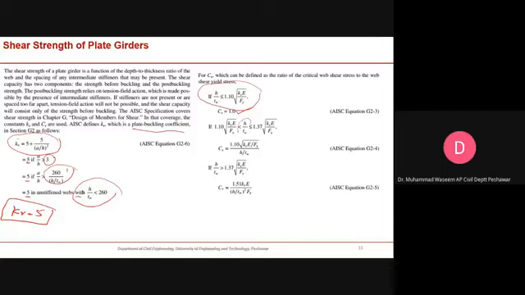If the aspect ratio is in between these two equations, then this will be the CV value. If the aspect ratio is greater than this one, then you have to use this equation to calculate the CV value. You need KV, you need CV.